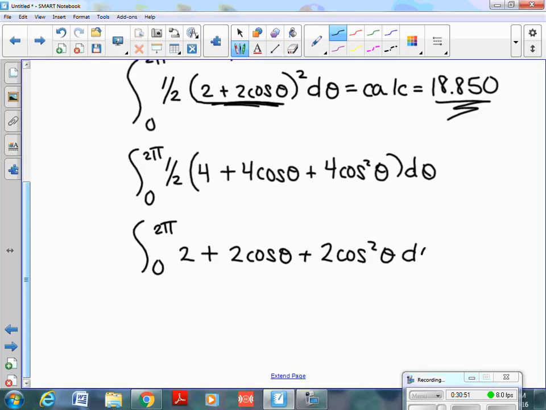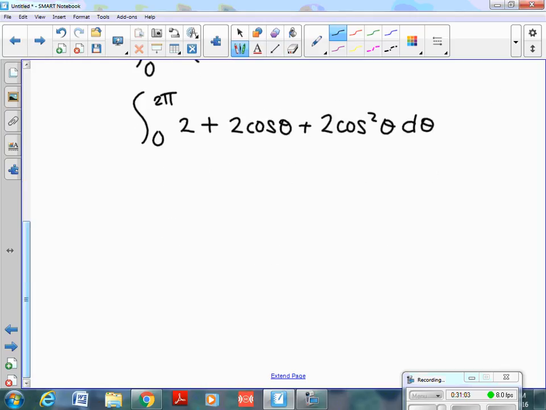Okay, at the beginning of the year, I gave you a formula sheet. I gave you a trig formula sheet, and I gave you the AP Calculus BC one. So, I'm just going to show you this right here. I'm just going to show you how they simplified this.